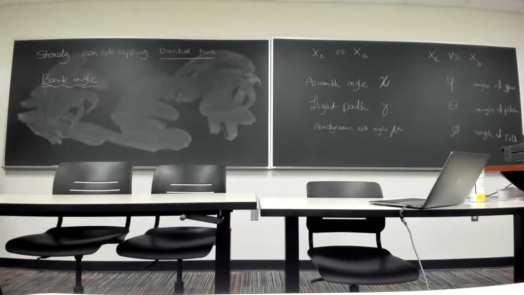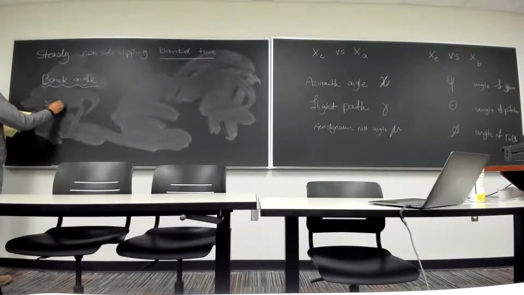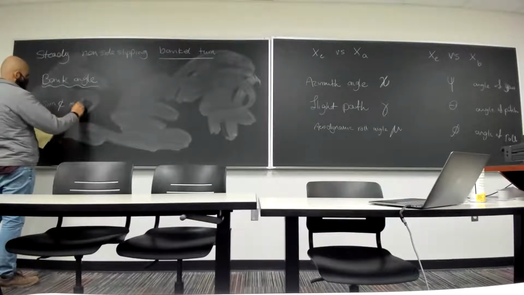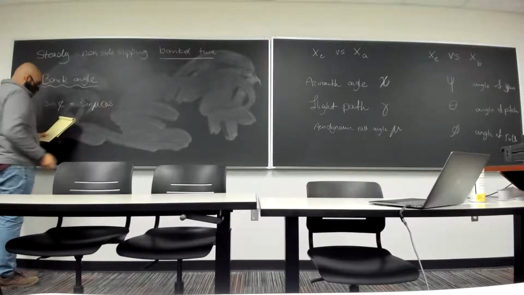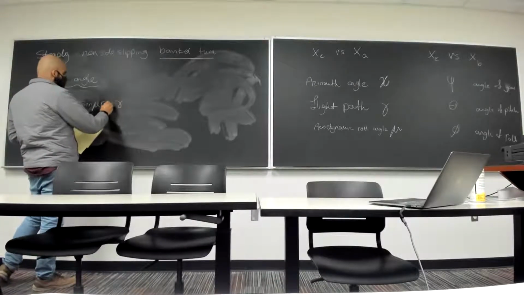How is this bank angle related to the flight path angle and the aerodynamic angle? It's through a sine relationship. Sine of phi is equal to sine of mu multiplied by cosine of omega.